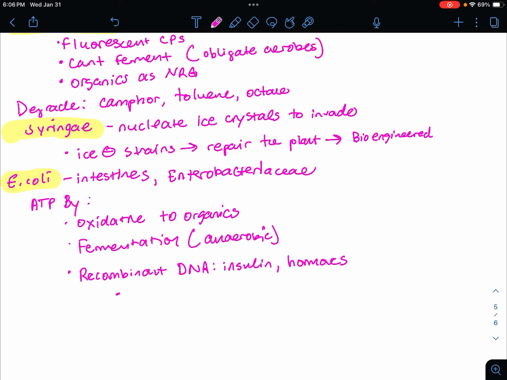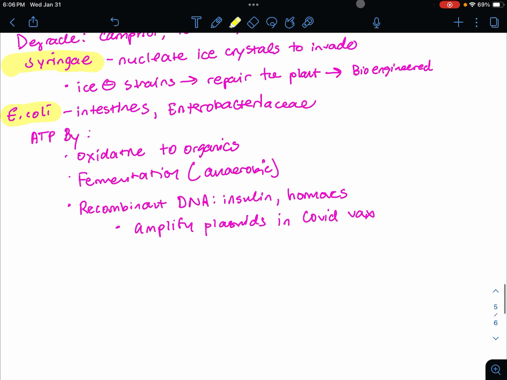And the plasmids are going to be amplified by E. coli, and the COVID-19 vaccine. So an interesting nod to the pandemic that happened, that's still happening in some areas actually, fortunately. Yeah, E. coli played a big role in creating those vaccines and all the ingredients in them.